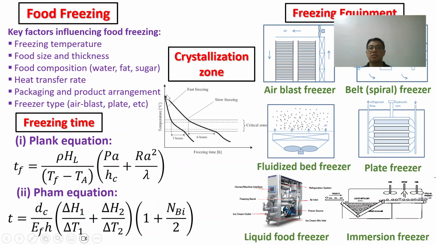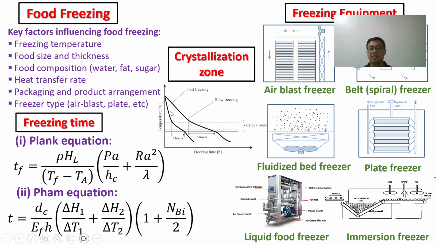If you have slow freezing, we'll get large crystals in the food. So we try to make it fast or rapid. With rapid freezing, we can minimize the size of the water crystal, the ice crystal formed inside the product. So there are two lines here showing fast freezing and slow freezing.